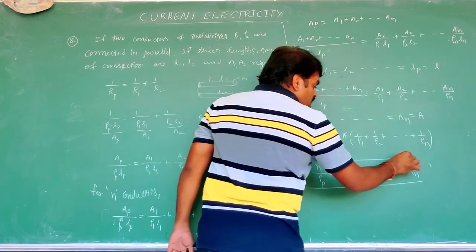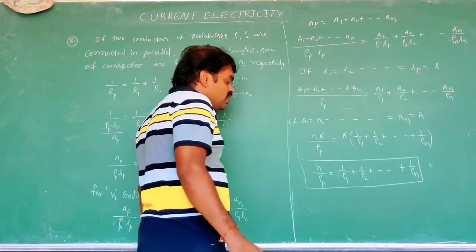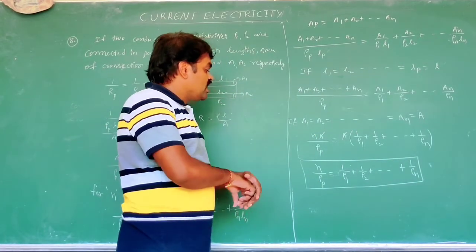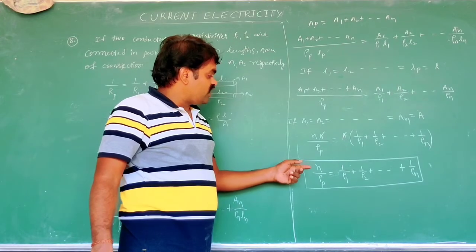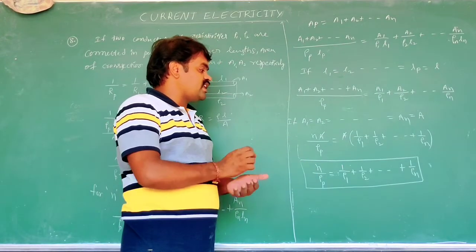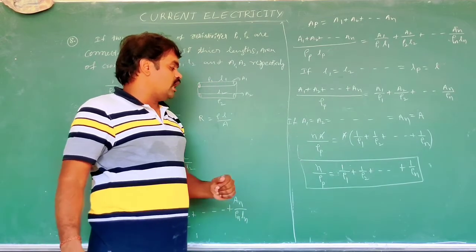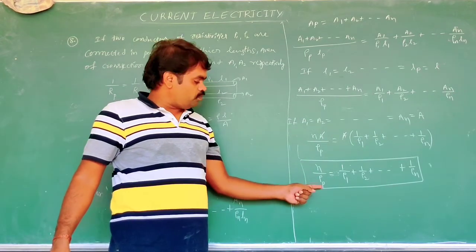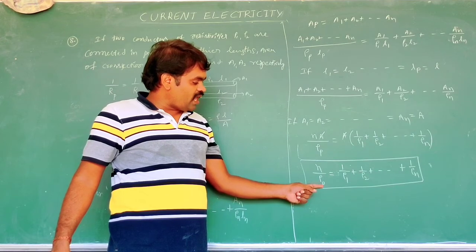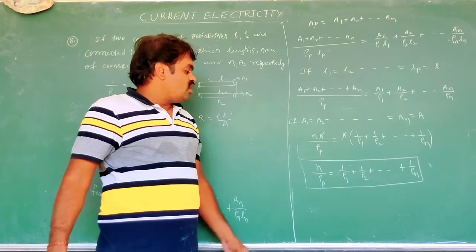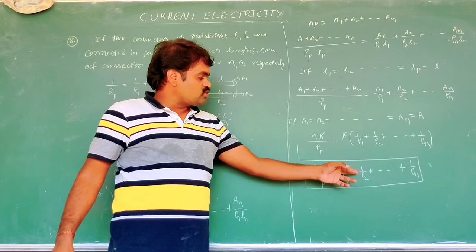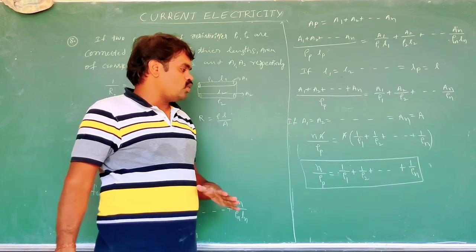If the conductors have equal lengths and cross-sectional areas and are connected in parallel combination, then n by rho P, where P represents the parallel combination, is equal to 1 by rho 1 plus 1 by rho 2 plus up to 1 by rho n.